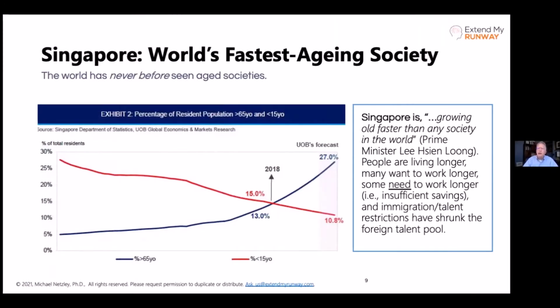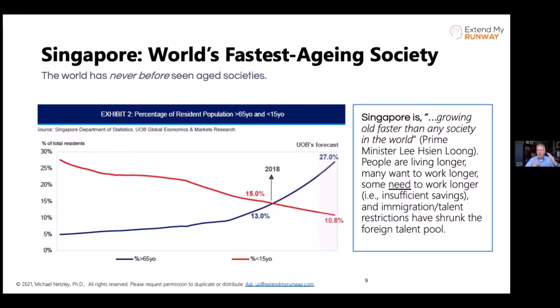Now let's put that longer life in the context of Asia. Singapore, where I am seated today, is the world's fastest aging society. We became an aged society, as you can see from this graph from UOB Bank, in 2018.